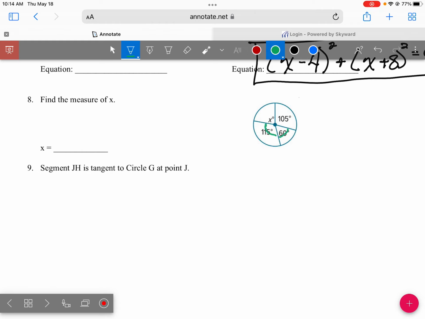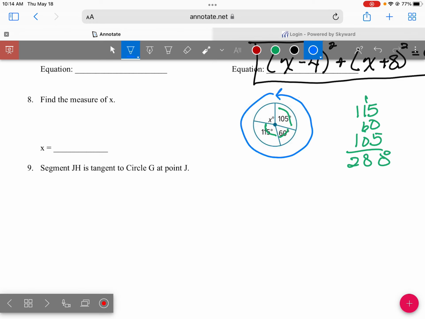You add these three up, 115 plus 60 plus 105, gives you 280 degrees. And what do we know about the degrees in a full circle? 360. So subtract the ones you do have, and the ones that are left, 80 degrees, would be the measure of this angle.